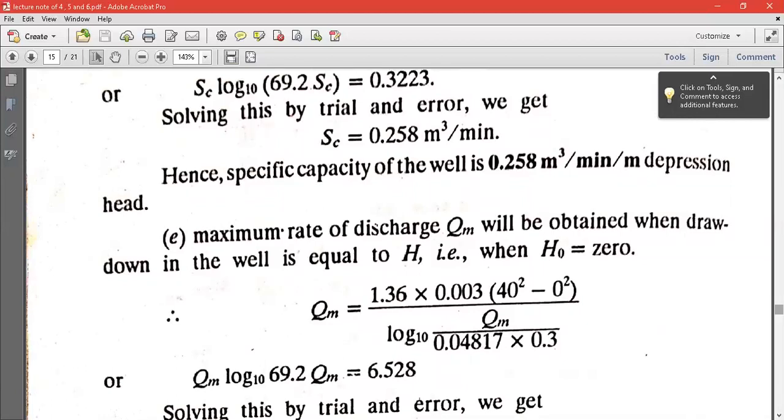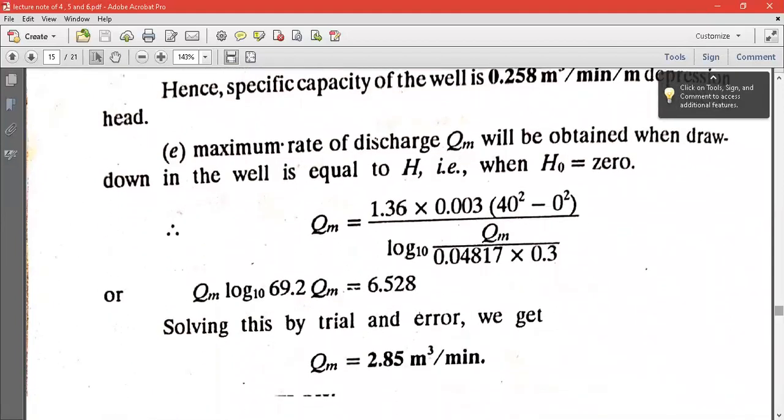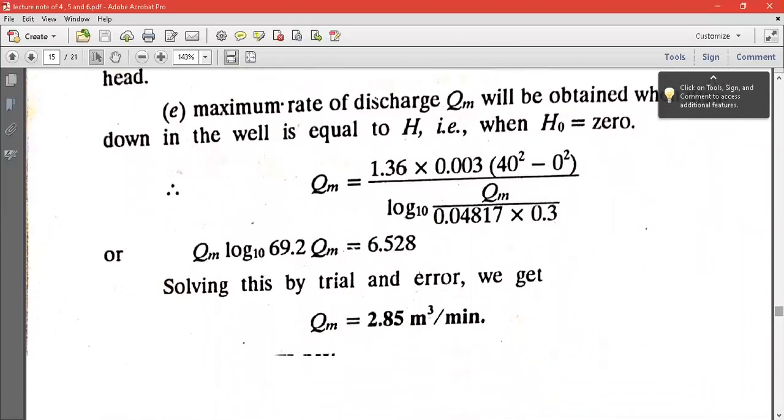Putting this second part as 0 for the maximum rate of discharge, with 1.36 K and all the expressions already discussed, we will get QM value as 2.85 meter cube per minute.